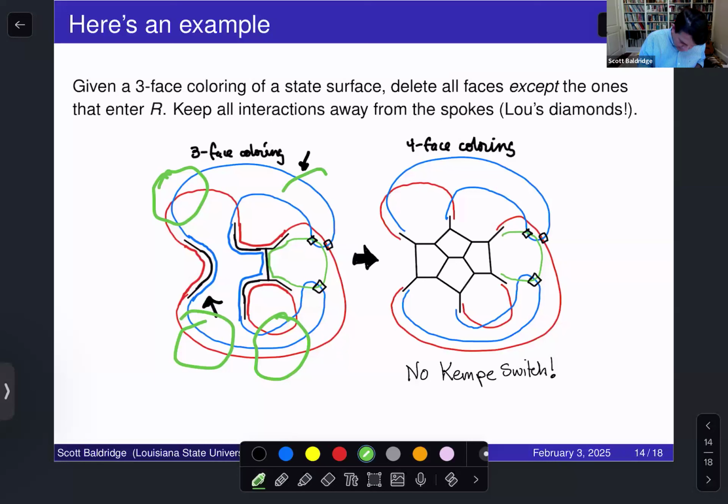It's going to be really complicated. There's all these faces that are interacting. What I'm going to do is just delete them all. Because if I can 4-face color just this picture, then I just bring along all the other colors for free.